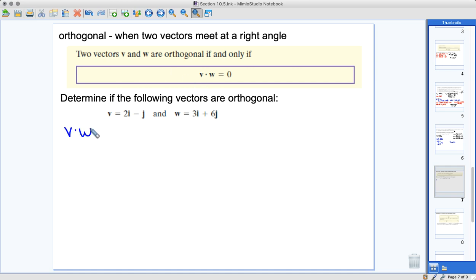Okay, so we're going to find v dot w. So we get 2 times 3 plus -1 times 6, which is 0. So these are orthogonal. Okay. So usually if the question asks, determine if the vectors are orthogonal, parallel, or neither, I start with orthogonal first, then go to parallel, and if those don't work, then it's a neither.